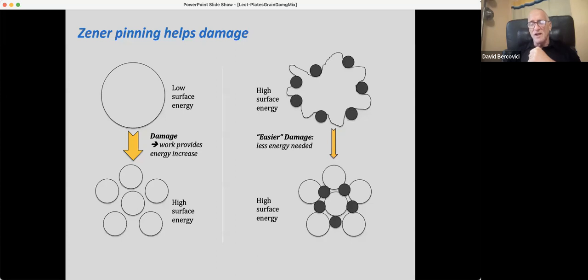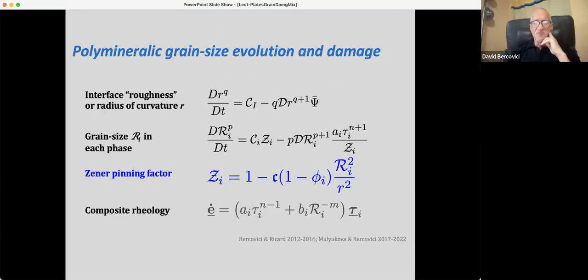And so if I want to apply deformational work to it, it's already on its way to being damaged because it already has to have been squeezed around these small gray grains, and so the damage is easier. So Zener pinning not only slows down grain growth, but it also helps you damage and break grains down, okay? And this is expressed in these equations, just a few of them, but it took a few years to derive, okay?